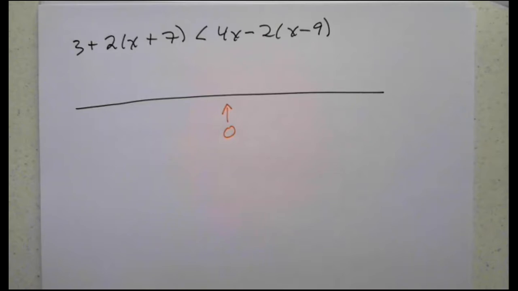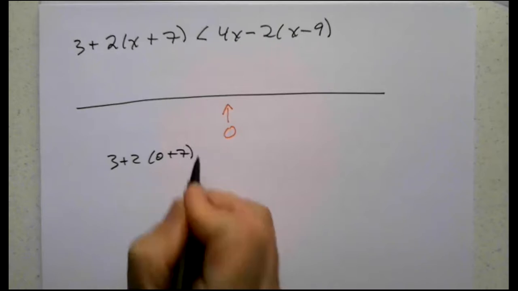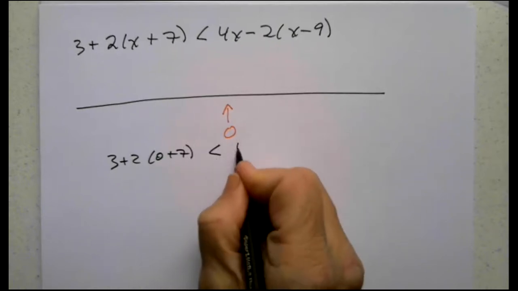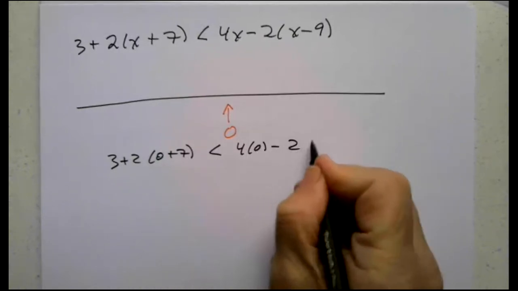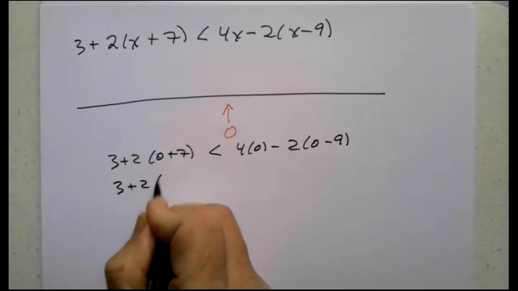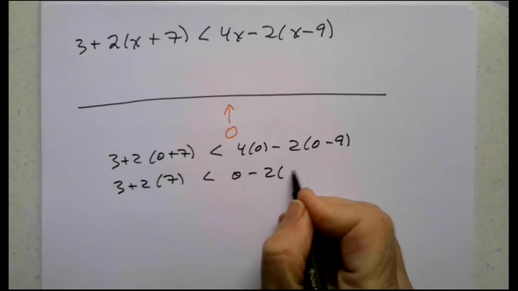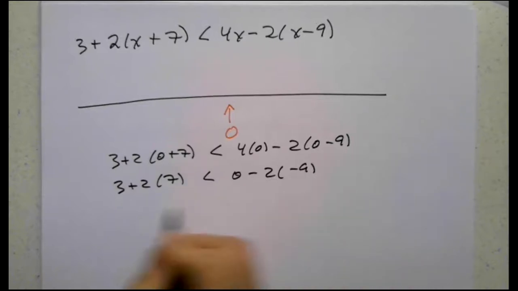that false? So if I plug in 0, I get 3 plus 2 times 0 plus 7 is less than 4 times 0 minus 2 times 0 minus 9. 3 plus 2 times 7, is that less than 0 minus 2 times -9?